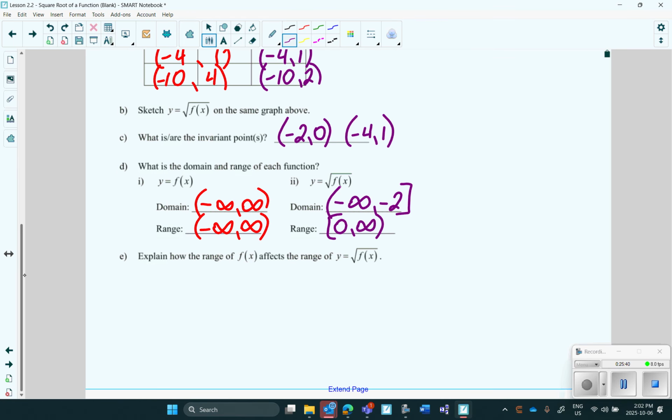So how does the range of f of x affect the range of y equals root x? Well, the range of y equals root f of x will always start at 0.